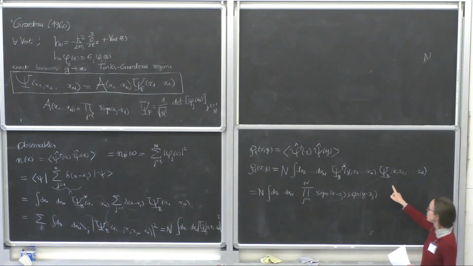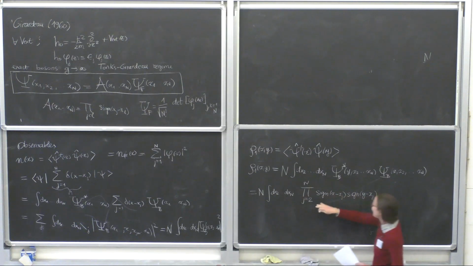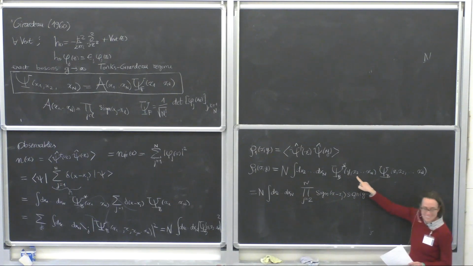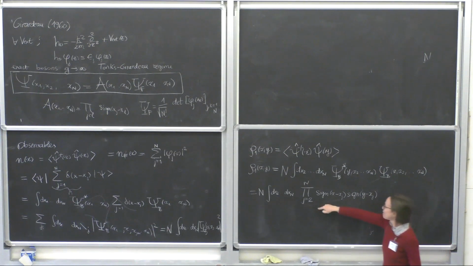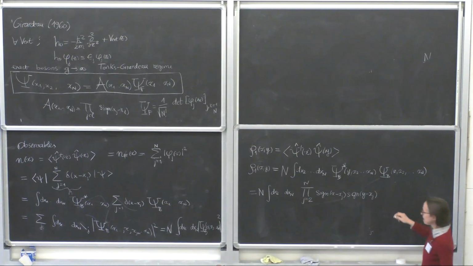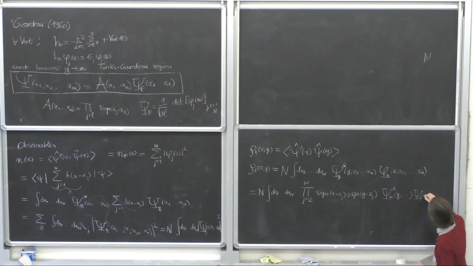So for j equal to... yes, sure. Yes, j equal to 2, because x1 is not in the integral. And then here I have psi star fermionic of y and all the other coordinates, psi fermionic of x and all the other coordinates.